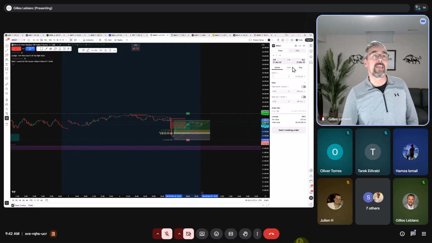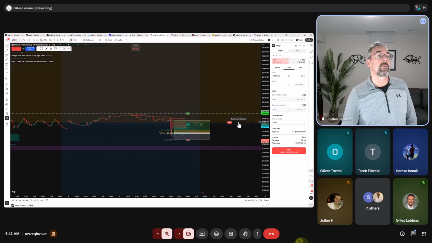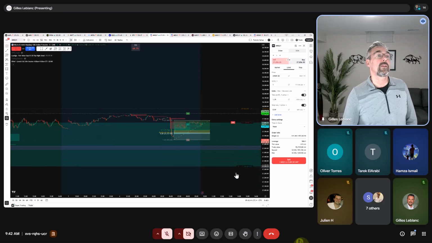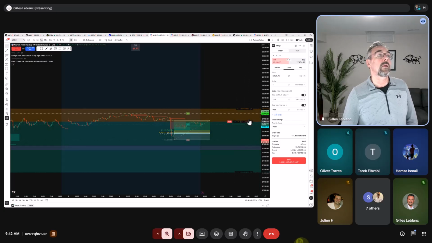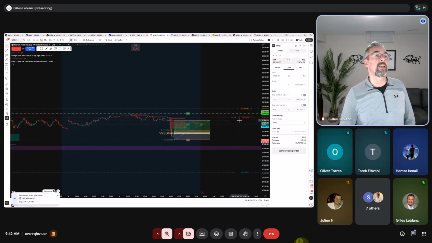However, I think what I can do is put a limit order like this. So a sell limit and a take profit. I can say sell, my limit order is there, right? So I think I'll be able to do this in TradingView connected to Interactive Brokers.